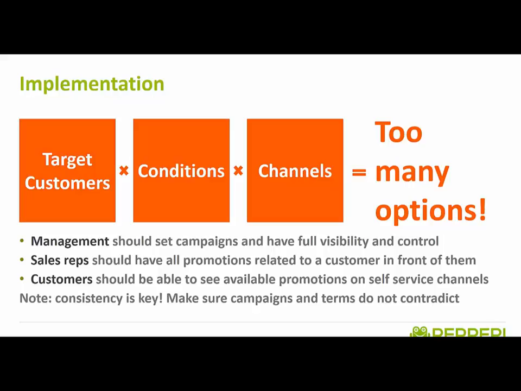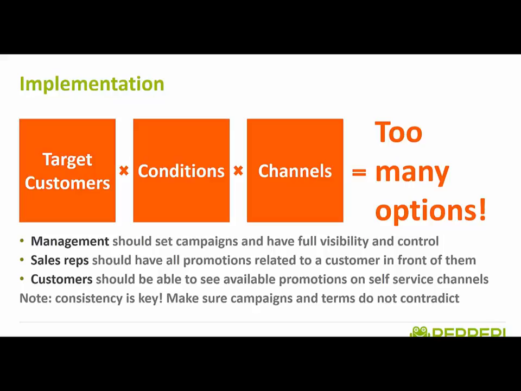So to implement sales campaigns properly, first of all, management should set the campaigns and have full visibility and control over what's going on. Sales reps should have all the promotions related to a customer in front of them. When they arrive at a customer, they need to have a list of all the promotions available to the customer, and the customers should be able to see what's available to them when they log into the self-service channel.